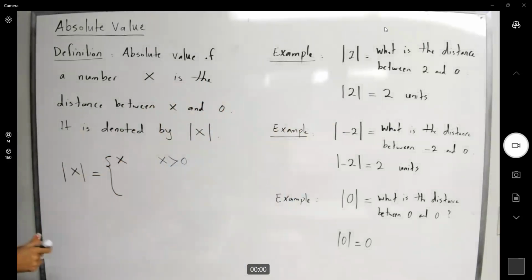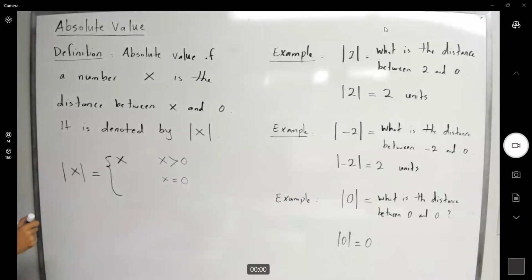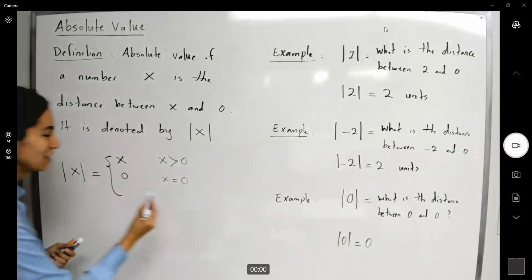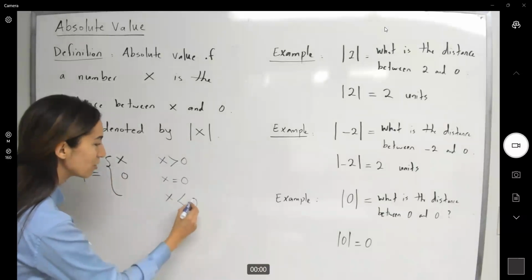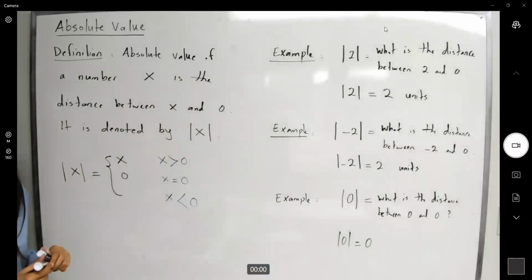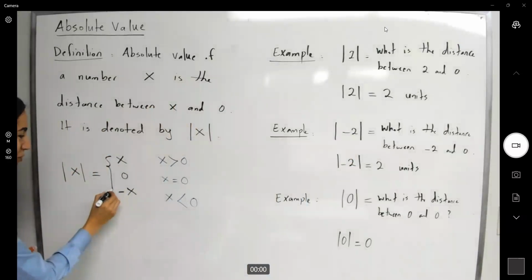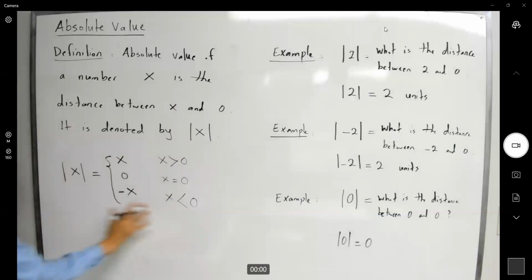If x is equal to 0, the absolute value of 0 is just 0. However, when x is a negative number, when x is less than 0, like -2, then you put a negative sign in front of your x, you get minus x. That's how we define the absolute value in general.